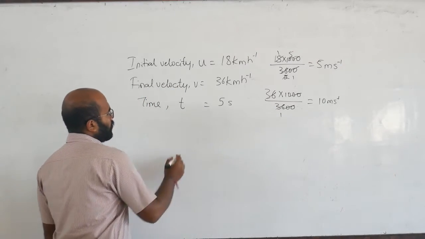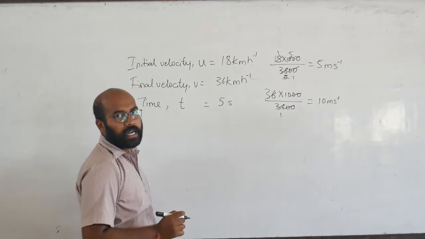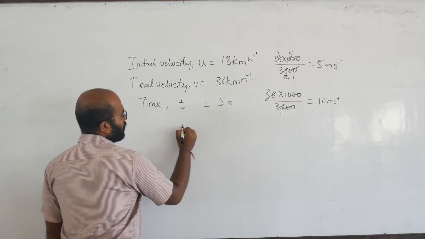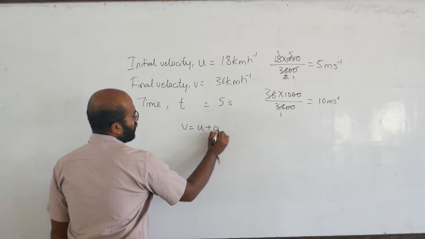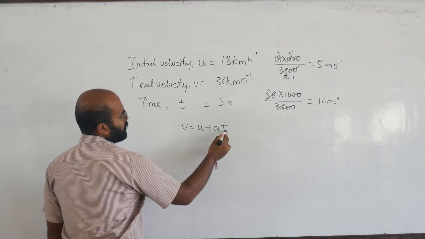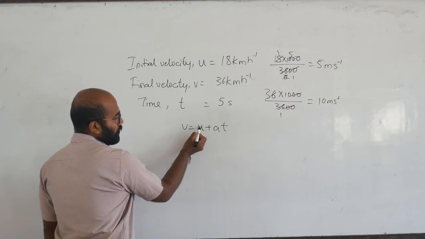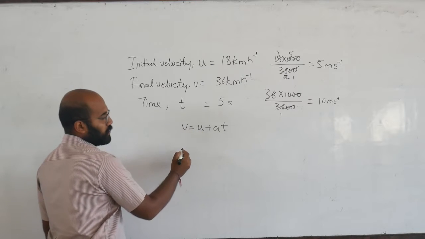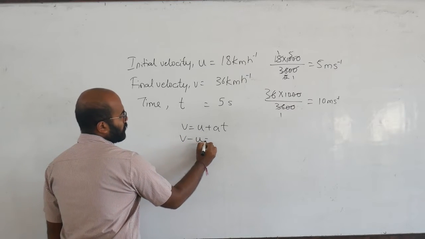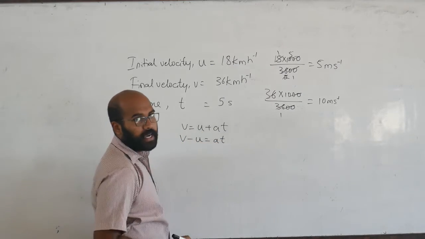Now I need to find the acceleration, using the equation v is equal to u plus at. I know t, I know u, I know v. I need to find a. So v minus u is equal to at.